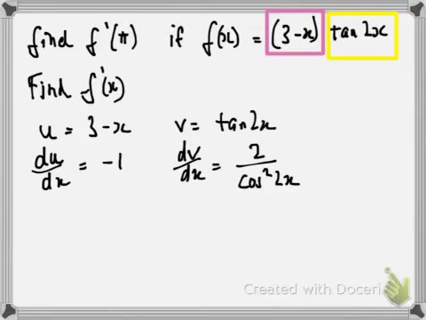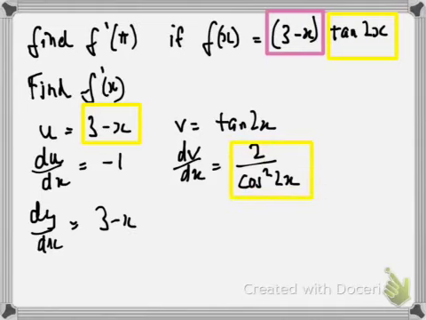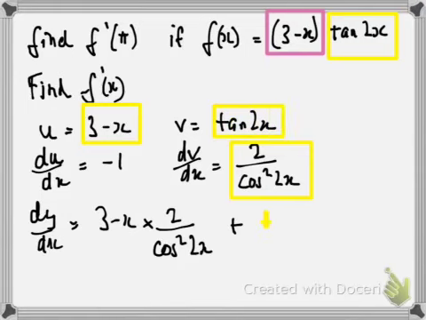Now we're going to apply the product rule. So dy dx equals u, which is 3 minus x, times dv dx, which is 2 over cos squared 2x, beg your pardon, plus v, which is tan 2x, multiplied by du dx, which is the one we haven't used yet, which is negative 1.